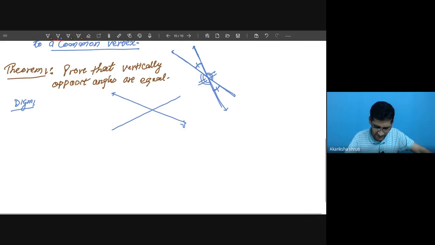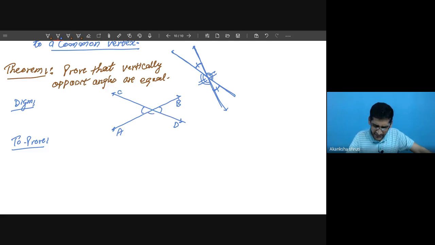So let me take like this. Let us take this as AB and this as CD. Now, what are the vertically opposite angles? That we have to write. So what is to prove? That you have to write here.